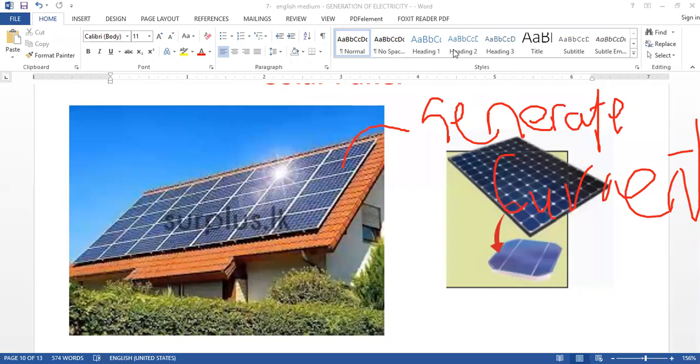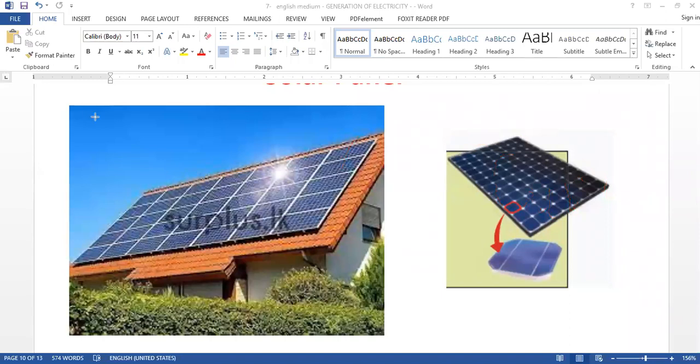Look what it actually is. You can see the sun is coming. Here is the sun. From that sun, sunlight is coming to this solar panel. When sunlight falls on the solar panel, look at this. This is not a solar panel, this is the solar system, I'll talk about it later.